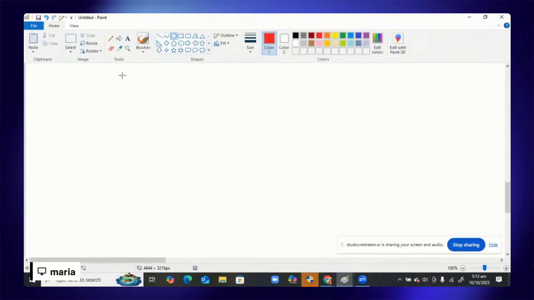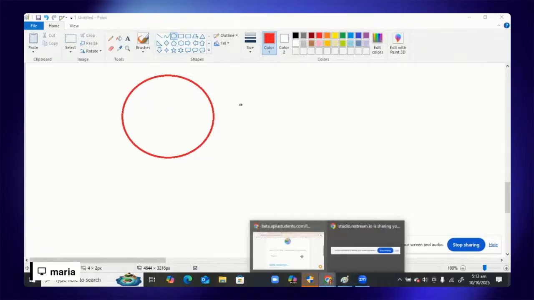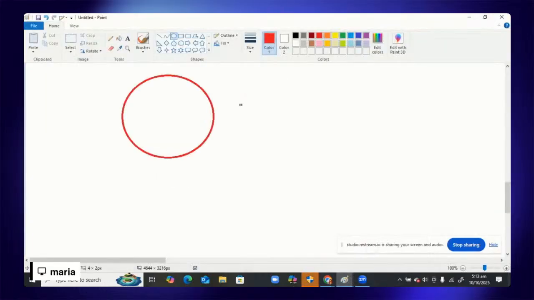I'm just going to draw a spinner here and put some numbers, okay? So here is the pin of your spinner.